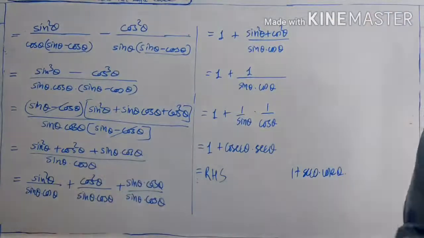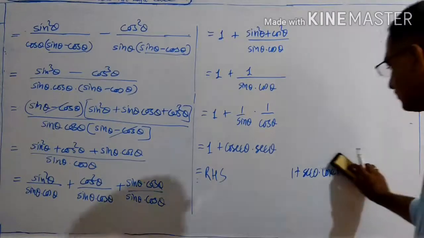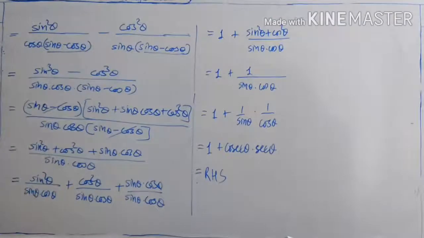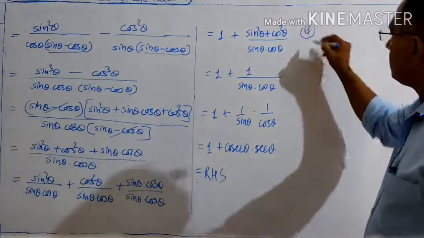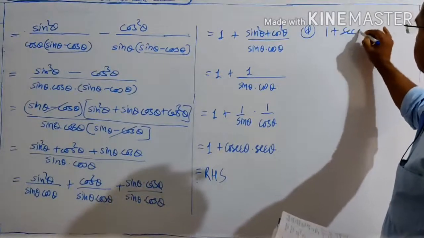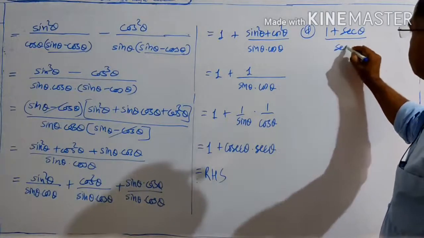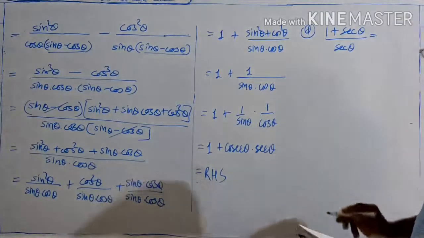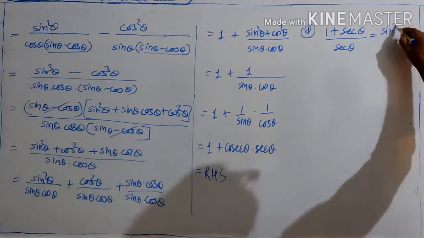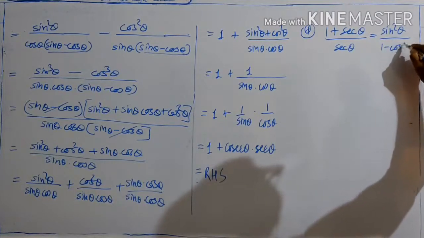So this way we can prove such sums. Now let us take one more sum. Now the question number B. Here the question is, left hand side is 1 plus sec theta divided by sec theta, and we have to prove it equals sin square theta divided by 1 minus cos theta.